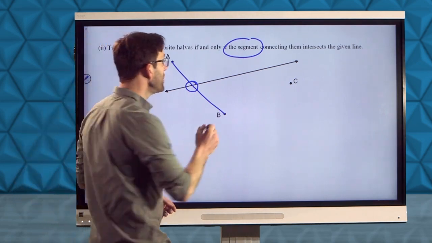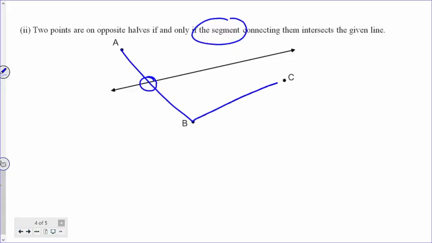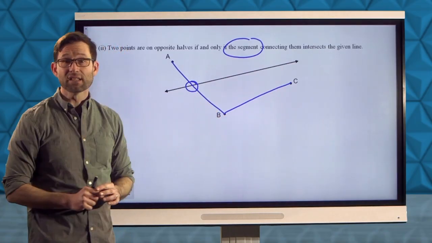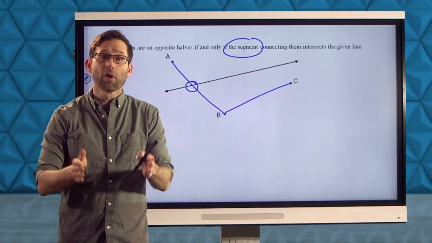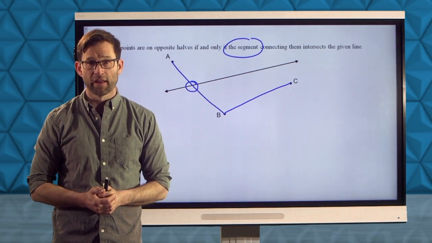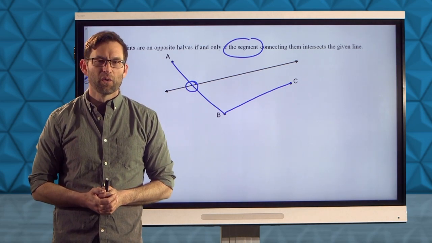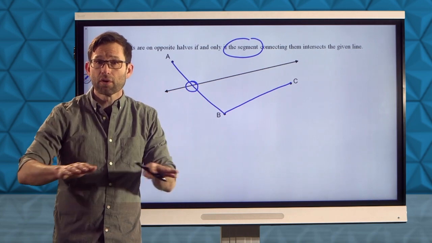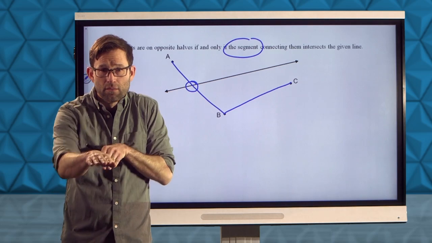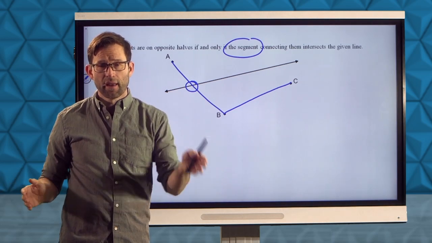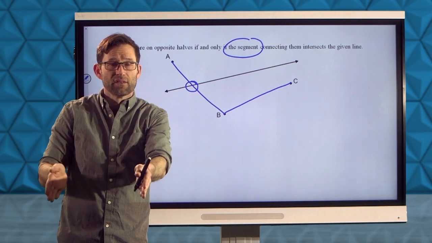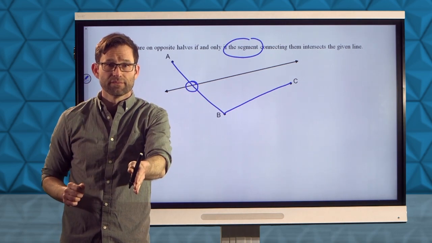On the other hand, if I connect B to C, then that line segment doesn't intersect that line, and therefore they're on the same side of the half plane, right? Again, the idea of the plane is very, very important. It extends forever in a flat way in all directions, right? And if I slap a line down on that plane, it's going to divide it into two distinct halves.